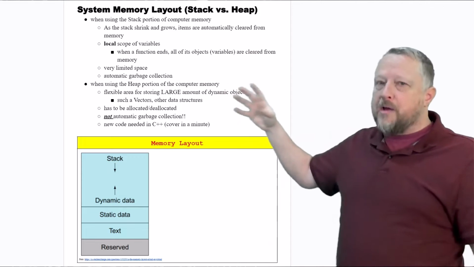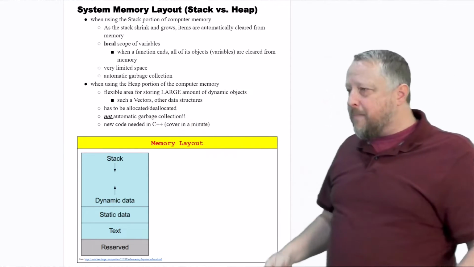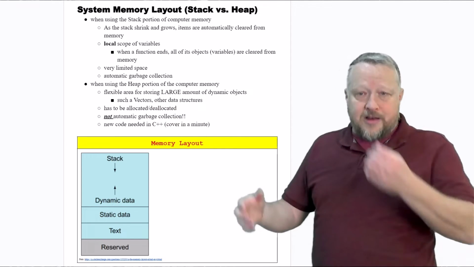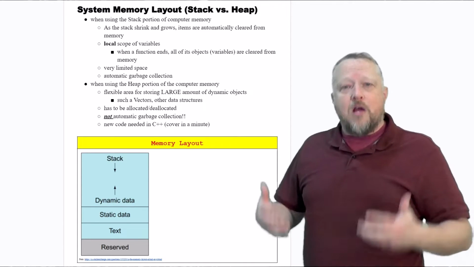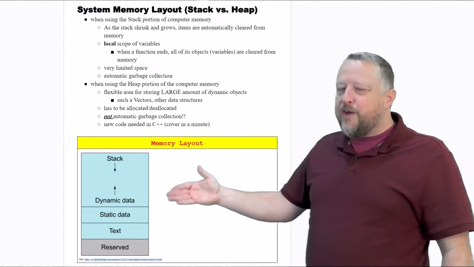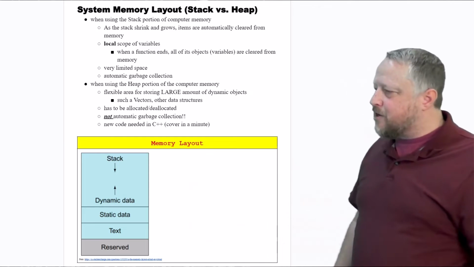This is a much bigger section. So it's going to be a nice flexible area because eventually we're going to be getting into vectors and other data structures that you'll have in either this class or the next class. And they take up a lot of memory because your application is going to require a lot of memory to store all the data. So it's, again, very different on the dynamic data or heap data area of what exactly that's going to be doing.